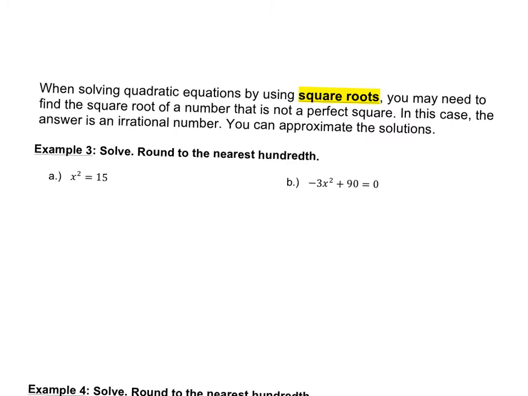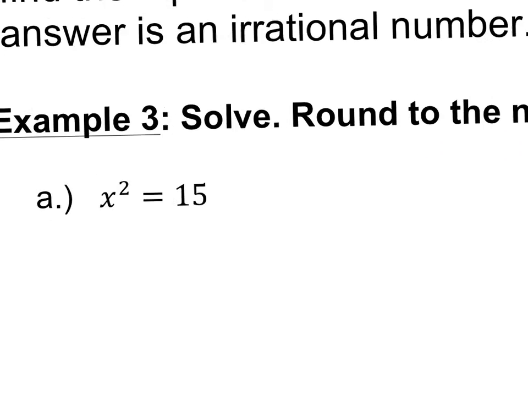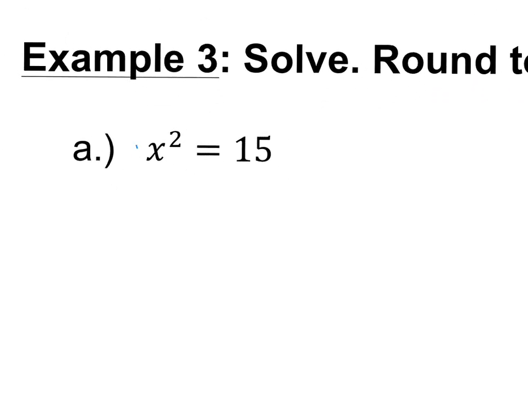For example, if I am trying to find what x is equal to, and I'm unsquaring, I would get x is equal to the square root of 15. Let me show you on your scientific calculator what this would look like.